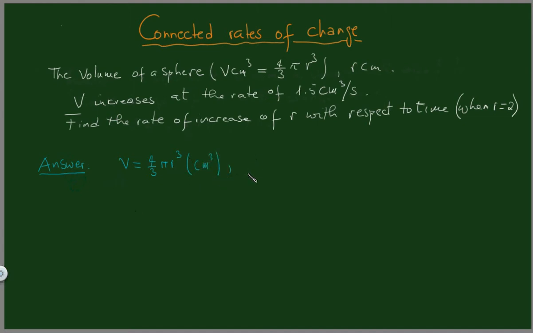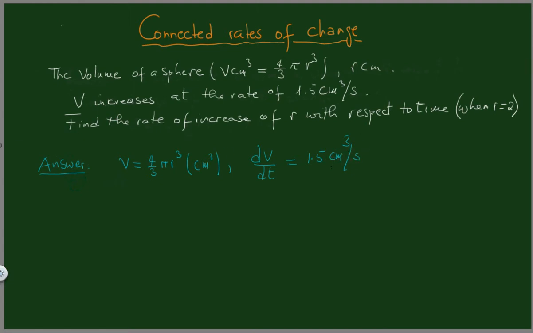Also, we are given the rate of change of V, since V increases with respect to time. So we have dV/dt, and it is equal to 1.5 cubic centimeters per second.